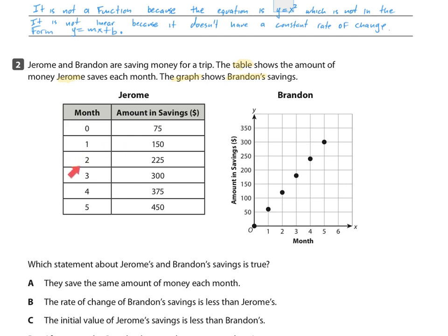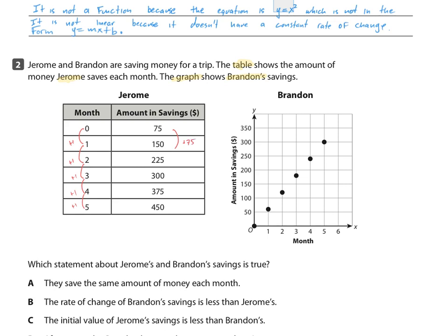On month 2, he has 225. On month 3, he has 300. So we see that the numbers are increasing by 1 on this side, on your X values. Now, the Y values, they are increasing by 75.